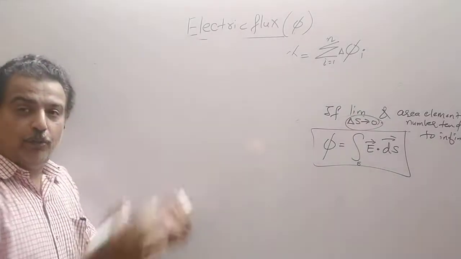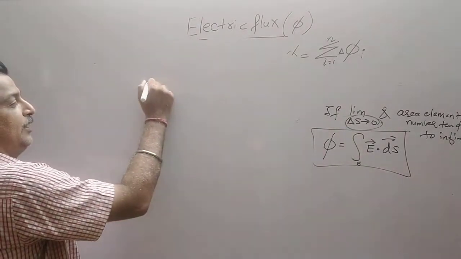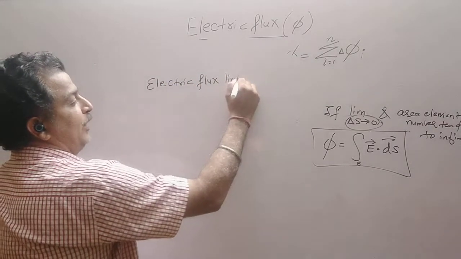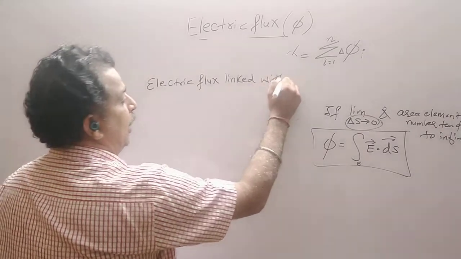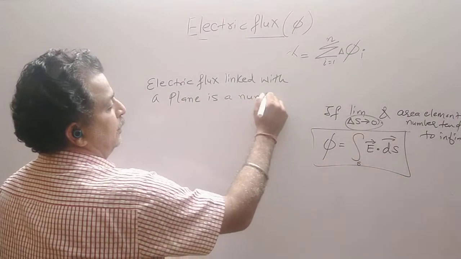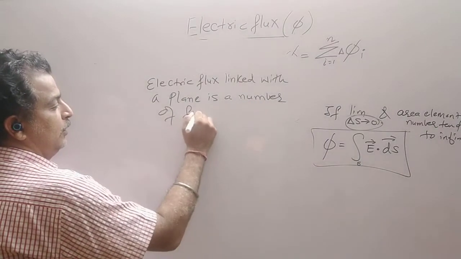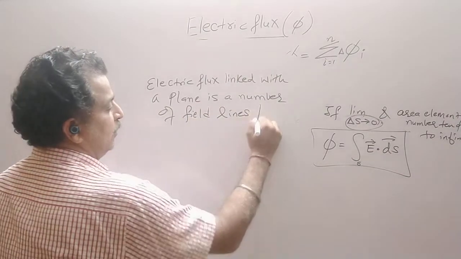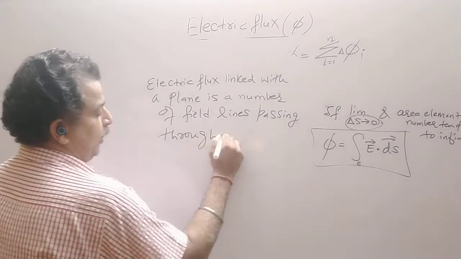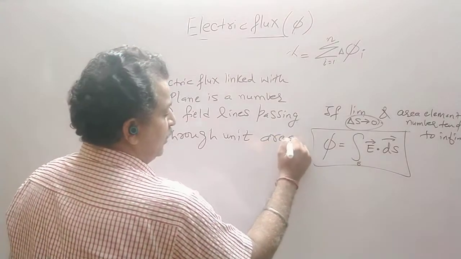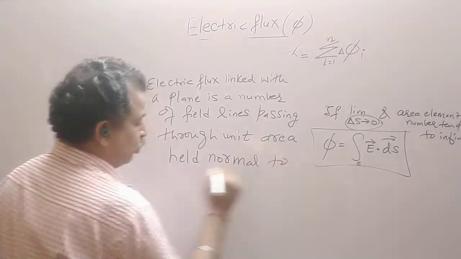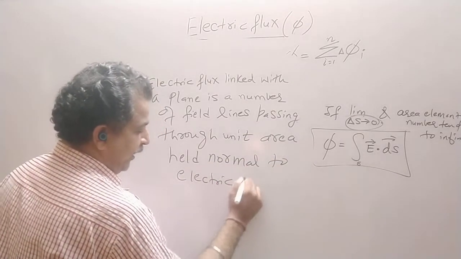So what should we conclude from all this discussion? Let us define the electric flux more properly. The electric flux linked with a plane is the number of field lines passing through unit area held normal to the electric field.